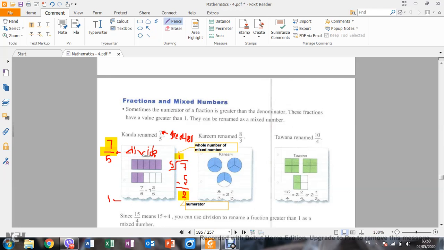So because 2 is the remainder, for our mixed number it is the numerator. Directly you tell me 2 is the top number, and the top number is the numerator. Our denominator doesn't change. It's 5. Here is 5 again, because our divisor is the denominator.